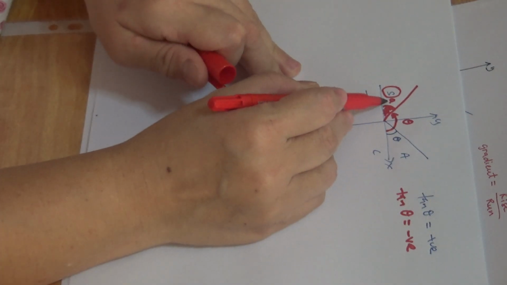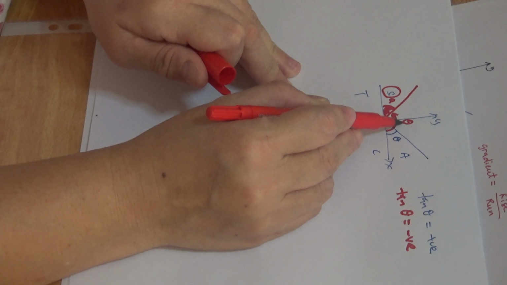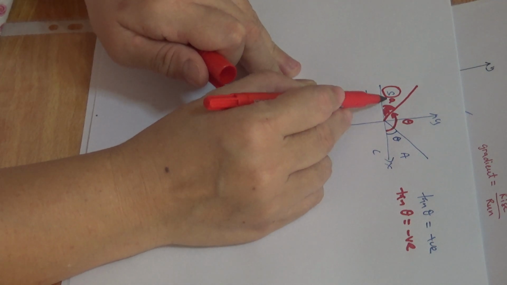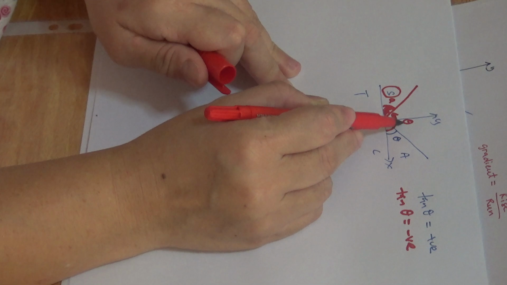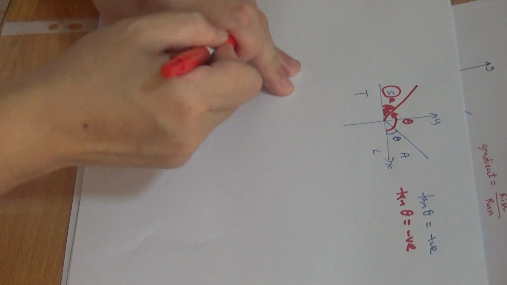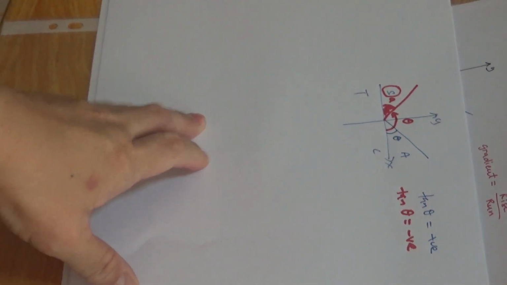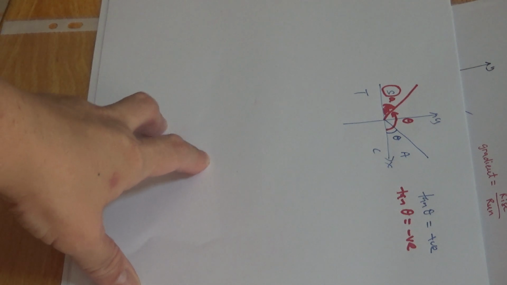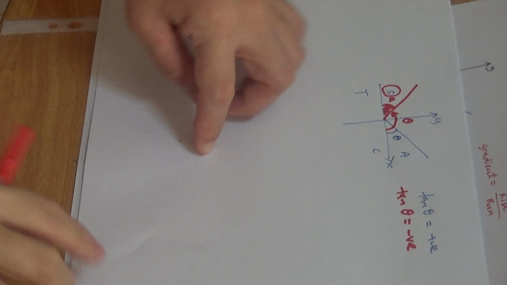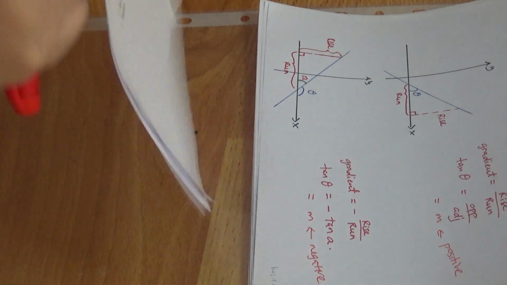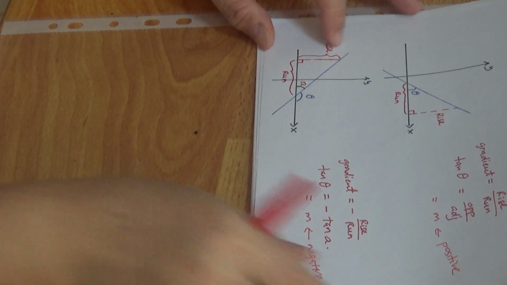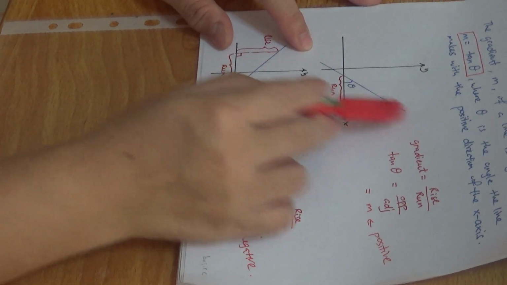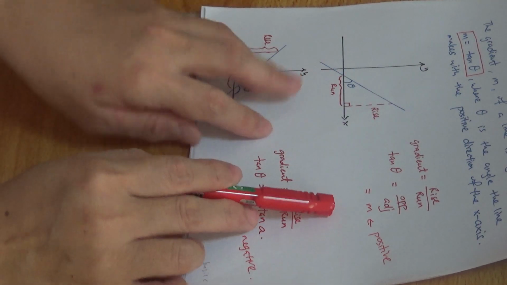That means tangent A and tangent theta have the same numerical value, but tangent A is positive while tangent theta is negative. So this is what we have in chapter 6 and is translated into this particular section. So I'm going to repeat now. For this particular case, if it is an acute angle, the gradient will be positive.